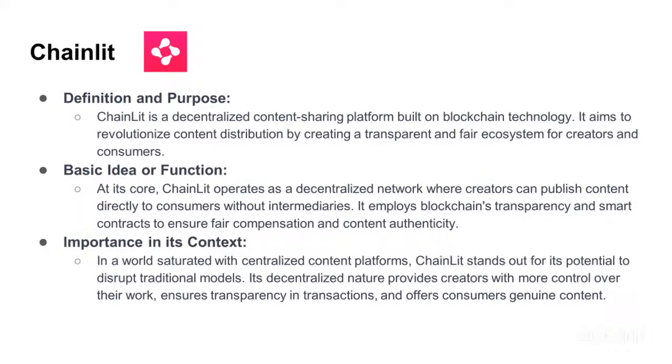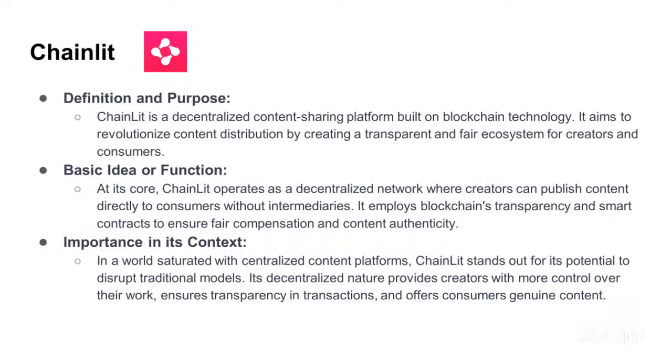Then there is its importance in this context. In a world saturated with centralized content platforms, Chainlit stands out for its potential to disrupt traditional models. Its decentralized nature will provide creators with more control over their work.